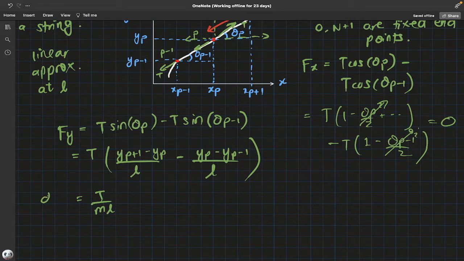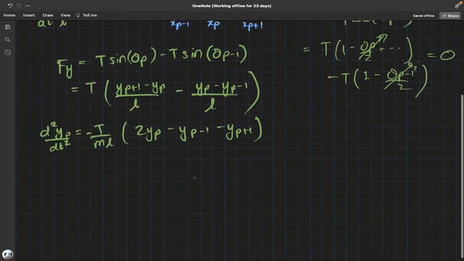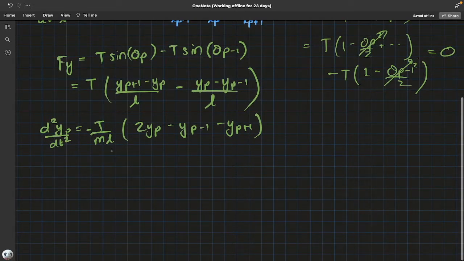So we now have a second derivative of y_p with respect to time, because this was motion for the pth bead. We can pull out another negative and then rearrange these: 2y_p minus y sub p minus 1 minus y sub p plus 1. This is your equation of motion.